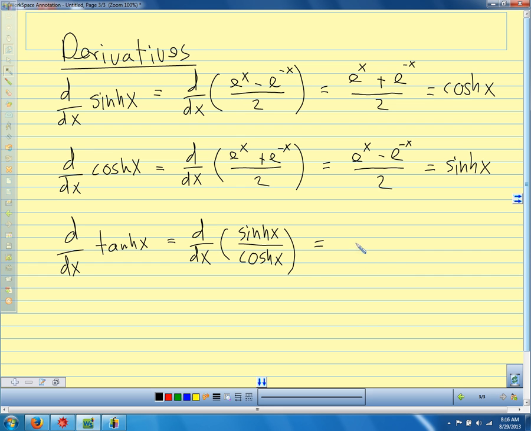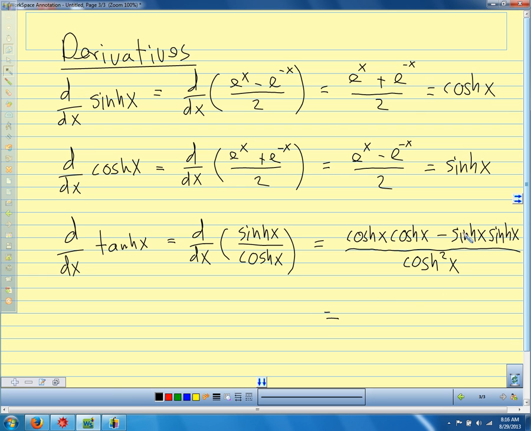Low d high, cosh x times cosh x minus sinh x sinh x. Oh, look, doesn't that look nice? Over cosh squared.